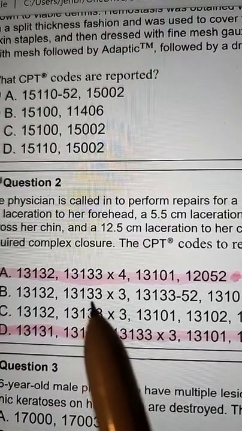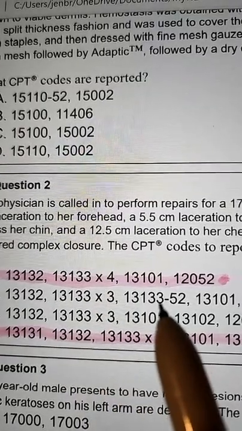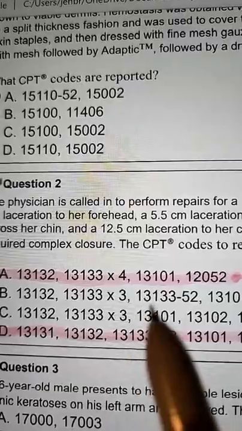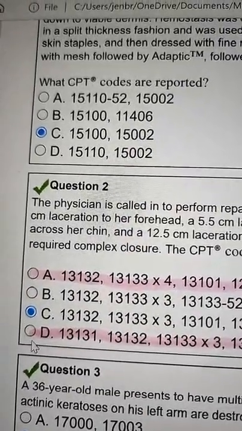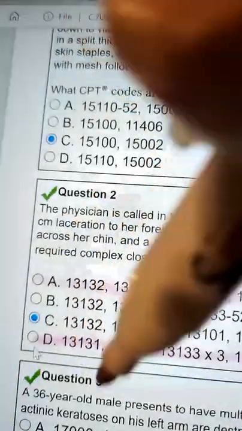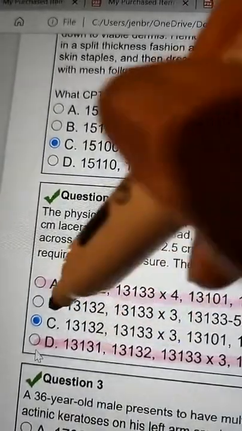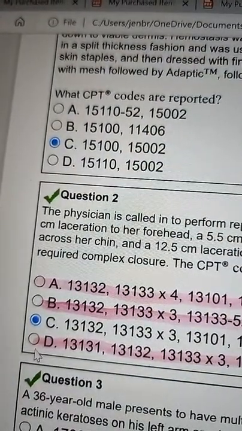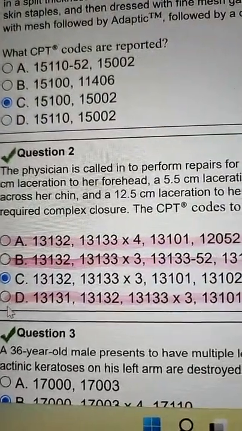Would I times a code and then add that code again and add 52 to it? No, that's unreasonable. So I'm just looking for coding irregularities along with looking for similarities on this one, and I would find the answer that way without looking at anything, not even the first word of the question.